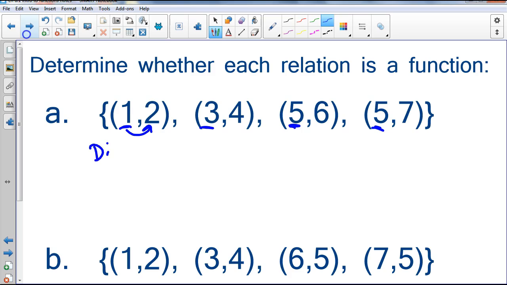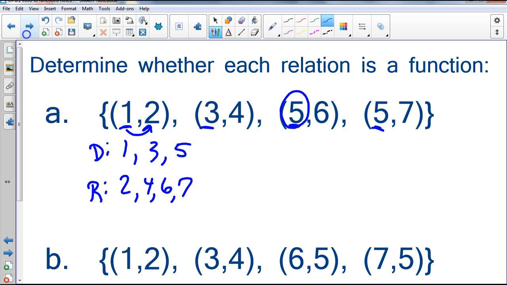So the domains, again, are 1, 3, and 5. And let's talk about the ranges then. We have 2, 4, 6, and 7. But if you take a look at the 5s, this domain goes to one range, and this domain goes to another range. So this means that the same domain has two ranges, not just one range. So this is not a function.